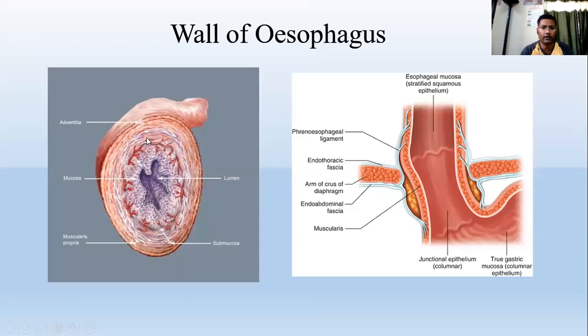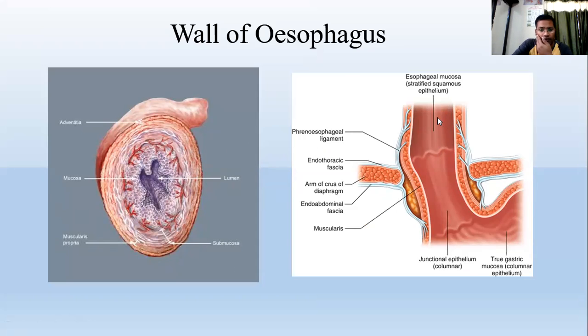So this is the cross section of the esophagus. You see this vascular part, and inside there is the mucosa. Here there is a change in the lining of the esophagus. Above the diaphragm the esophageal mucosa is stratified squamous, and below it is gastric mucosa, columnar epithelium.